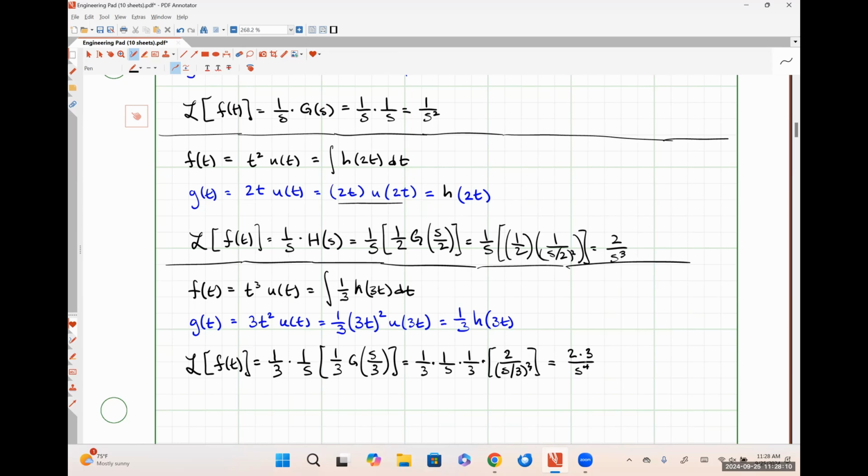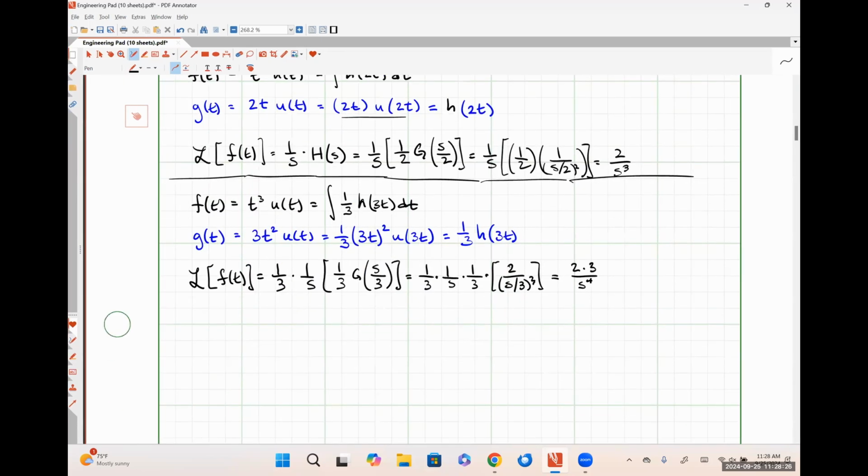So can we notice a pattern? Exactly right. N factorial over s to the n. You guys could probably just look that up, but it's way more fun, in my opinion, to figure out how all this works.